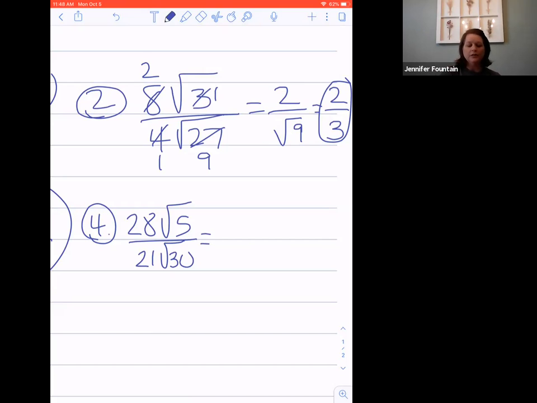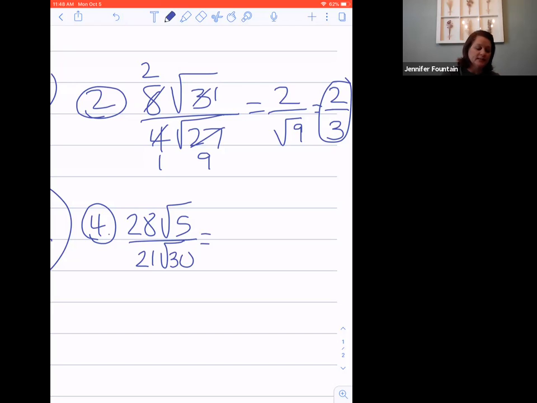Now 5 and 30. So for 28 and 21, I know the only factors of 21 are 7 times 3. So I'm going to look to 28 and see, is it divisible by 3? Is it divisible by 7?